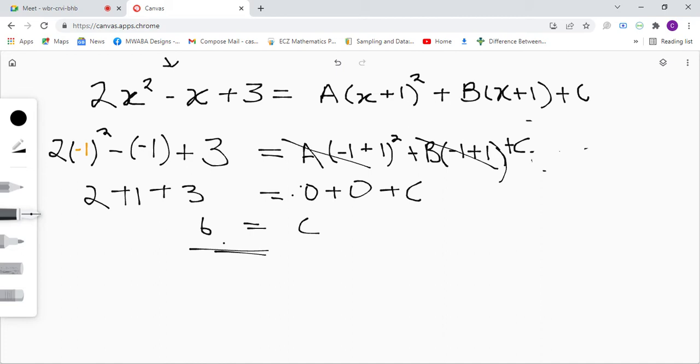Now, since we have found the value of C, we're now going to try to find the values of A and B. Let's say we're going to equate x to 0 first.